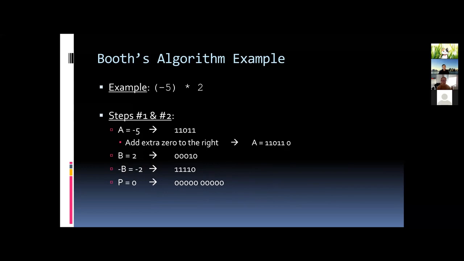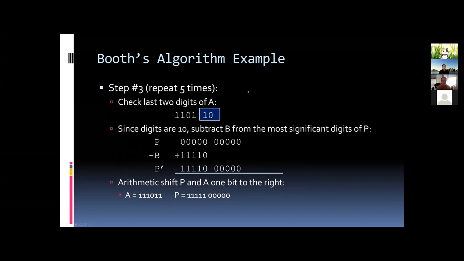So what do we do next? We look at the value A, and we look at the last 2 digits. Digits are 1, 0. 1, 0 means we need to subtract B from the most significant digits of P. So P is all zeros.